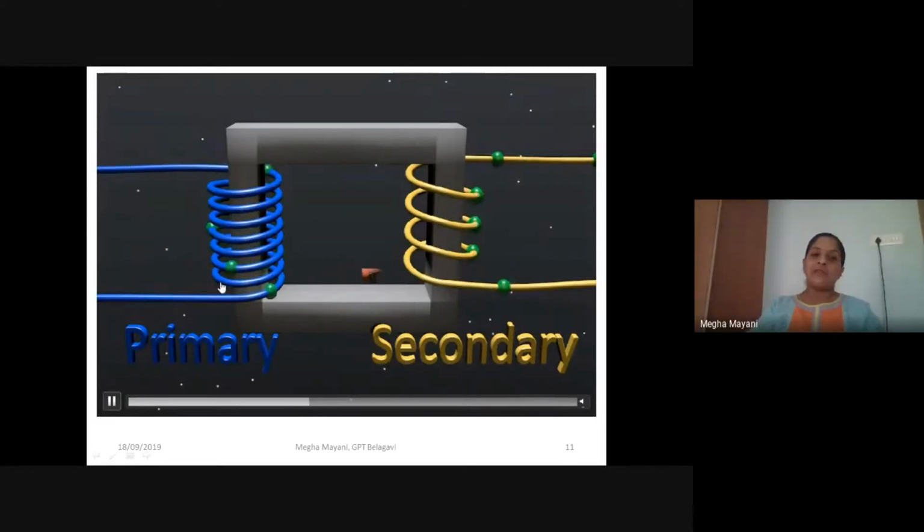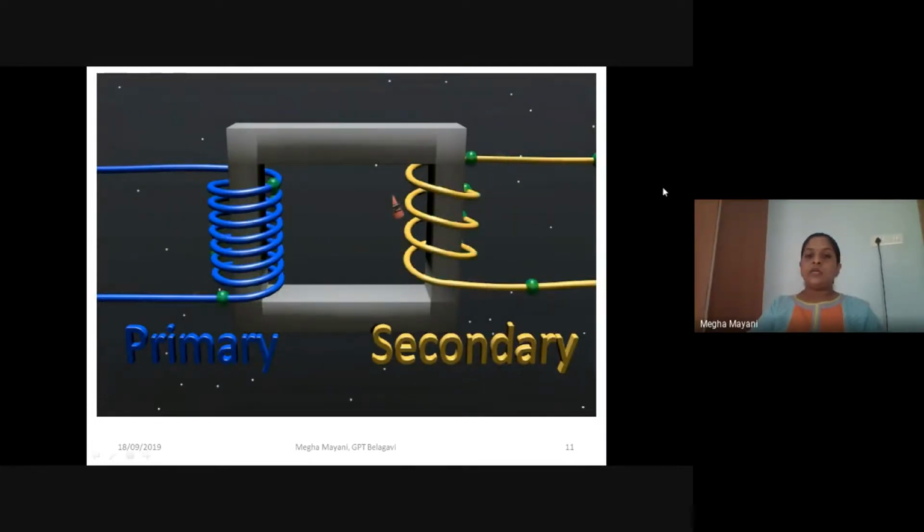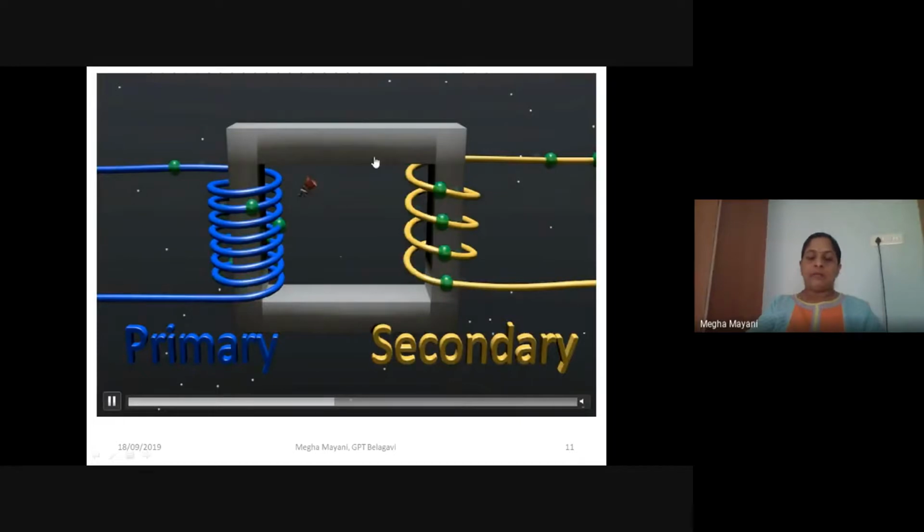So the magnetic flux which is spread around this coil will try to link to the other coil which is connected through some steel or a metal body. So this coil, which is termed the secondary coil in this case, is getting an EMF induced due to the current flow in the primary coil.